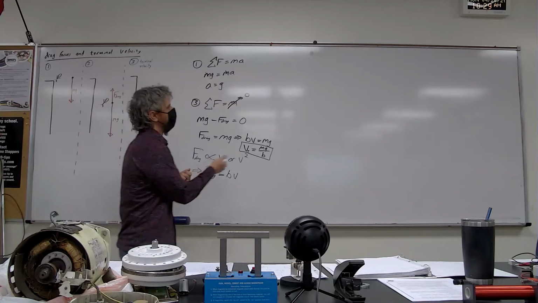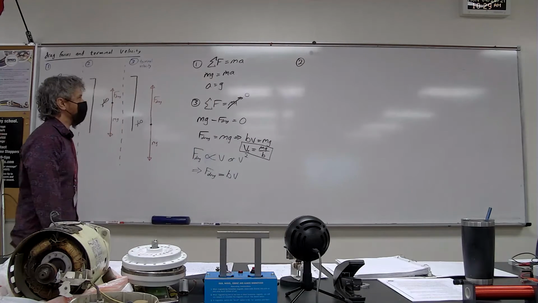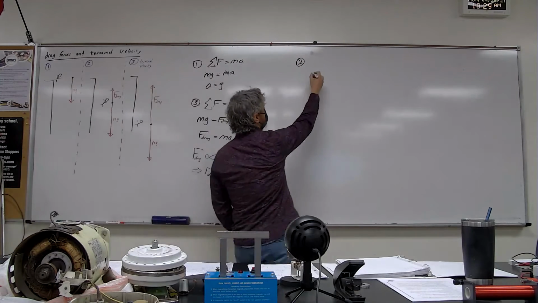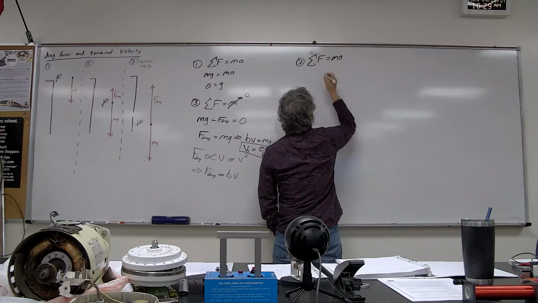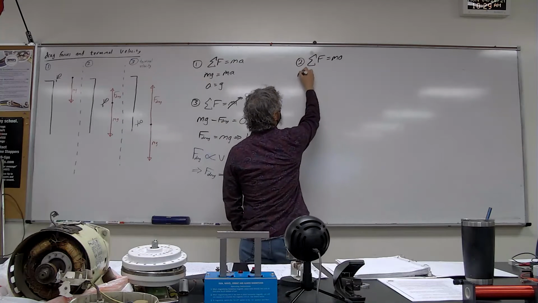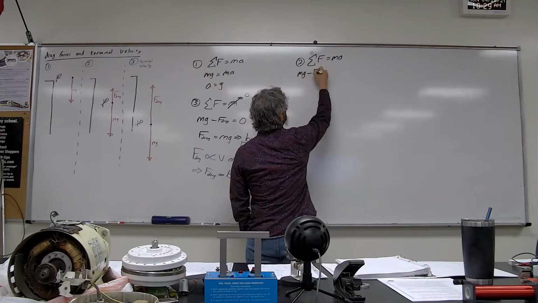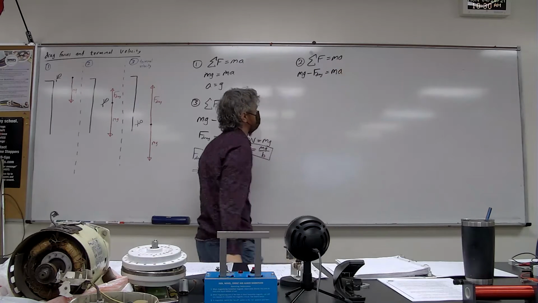And so for part 2 of the motion here, we would say then the net force on Bradley is going to be Bradley's mass times his acceleration. The net force now is going to be mg minus the drag force. That's going to be mass times acceleration.